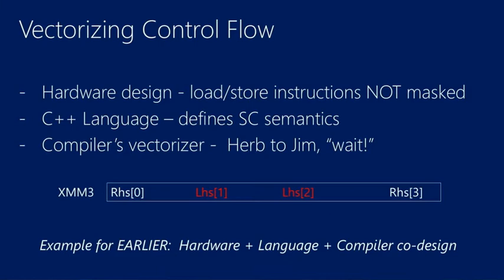The C++ language then defined sequentially consistent semantics, and then the poor compiler vectorizer guy. That's exactly what happened in real time. We had the code ready to go, and I learned about this in real time. So this was a great example of where the hardware guys, the language guys, and the compiler guys could work together going forward and have a huge impact.